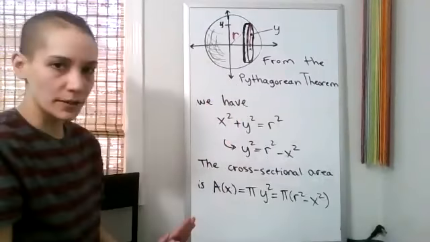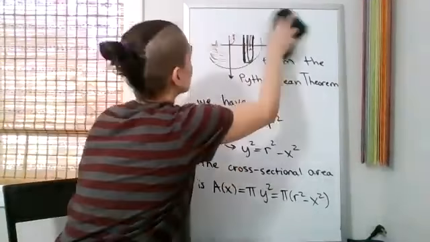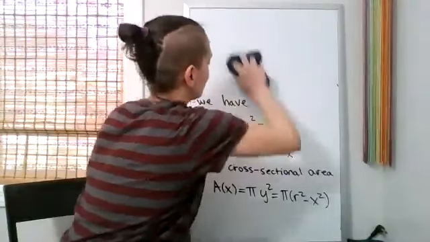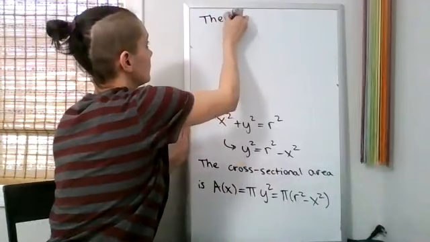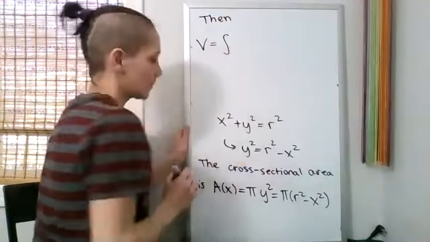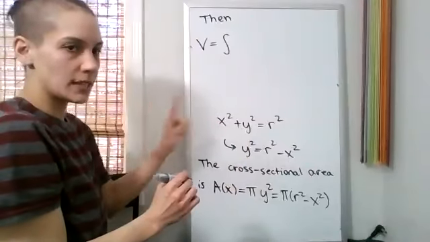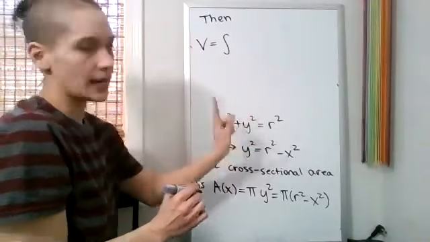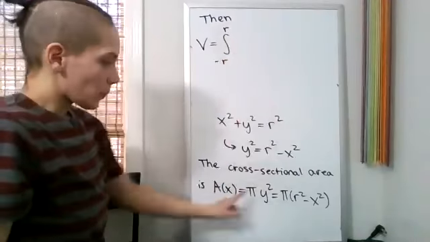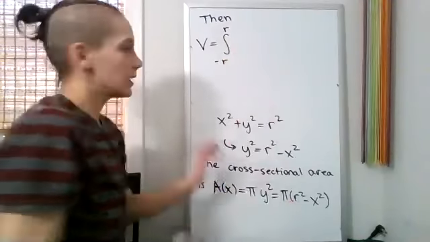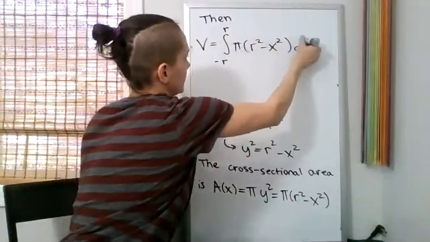Okay, so now we can do the volume of the sphere. Let's see, I go from negative r to r, from the far edge of the sphere, where the x value is negative r, to x can go as positive r, of pi times r squared minus x squared dx.